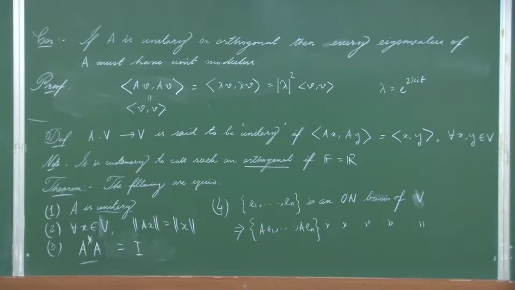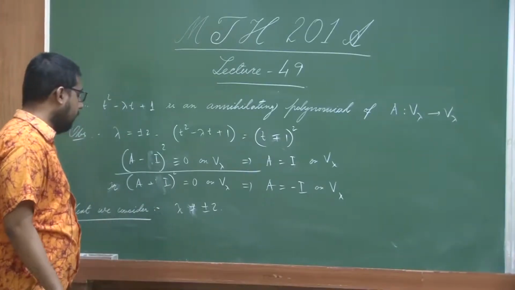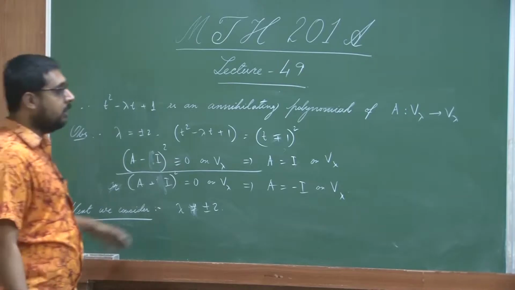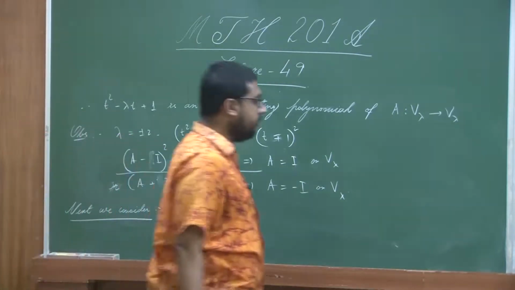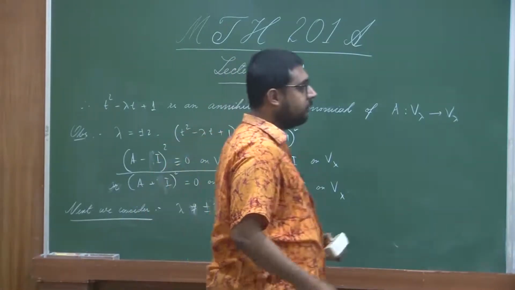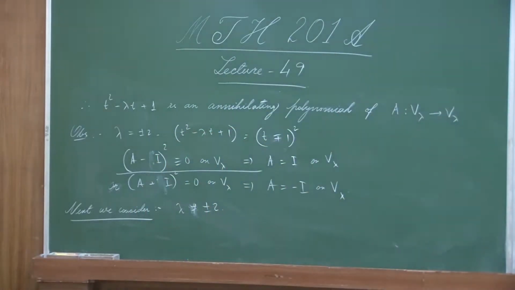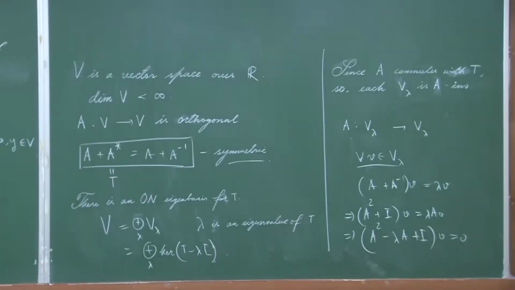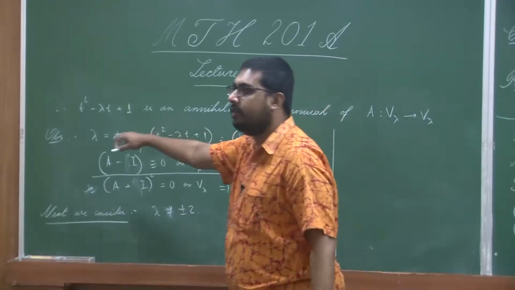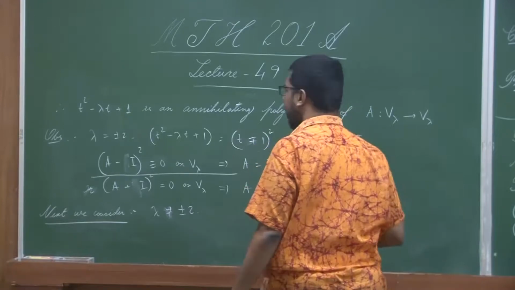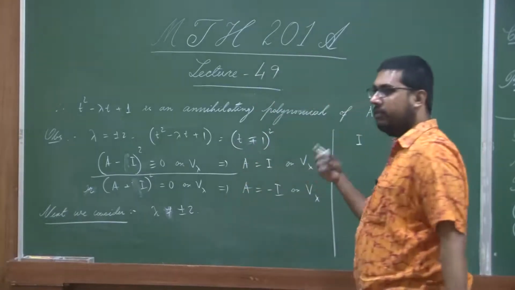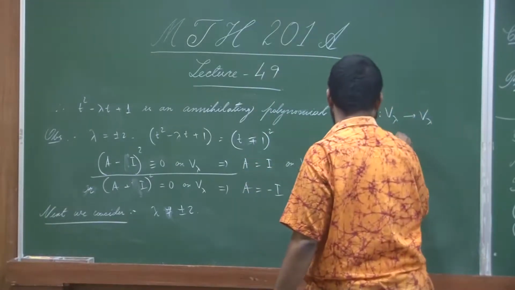Now let us come back to the case of orthogonal operators. What I have said is, for the eigenvalues lambda which are either plus 1 or minus 1, we do have either an identity block of some size or a minus identity block.